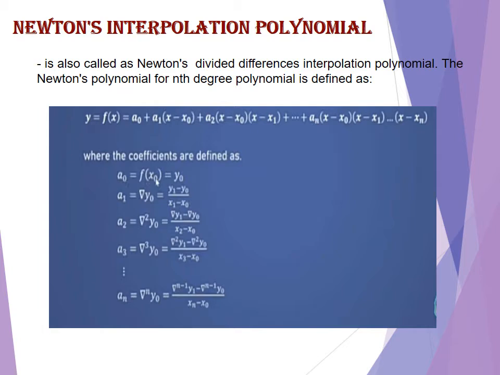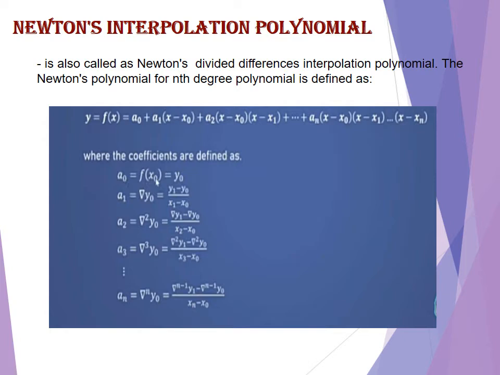Whereas the coefficients are defined as a sub 0 is equals to f of x sub 0 equals to y sub 0. A sub 1 is equals to inverted delta y sub 0 equals y sub 1 minus y sub 0 over x sub 1 minus x sub 0. A sub 2 equals inverted delta squared y sub 0 is equals to inverted delta y sub 1 minus inverted delta y sub 0 over x sub 2 minus x sub 0.